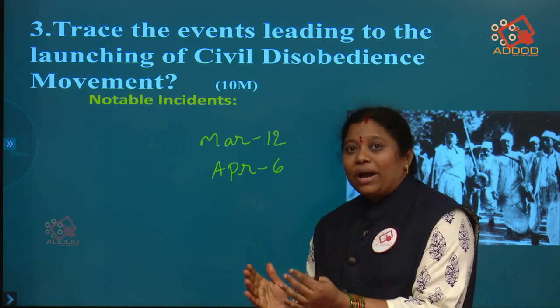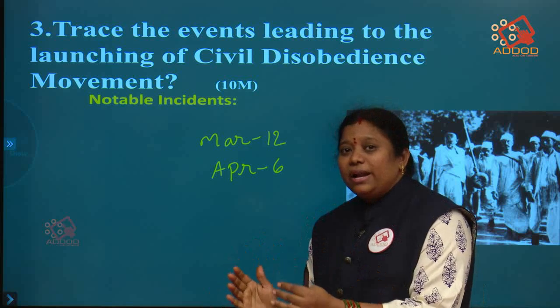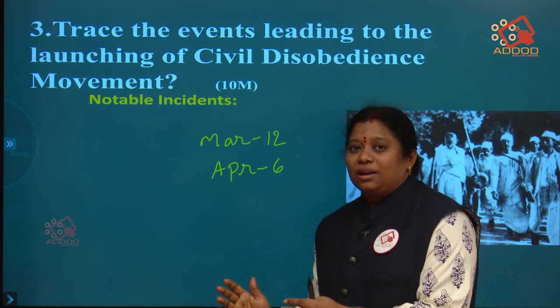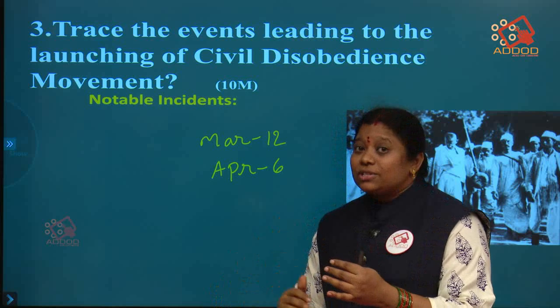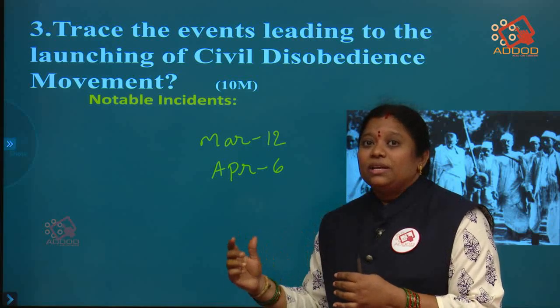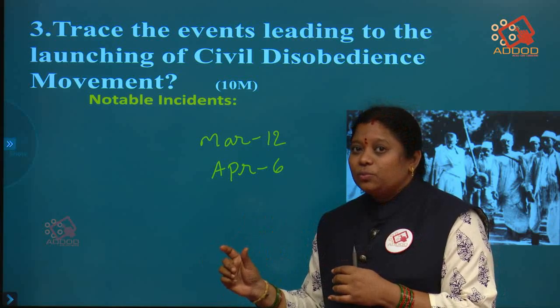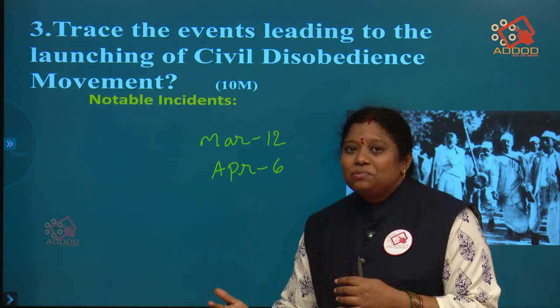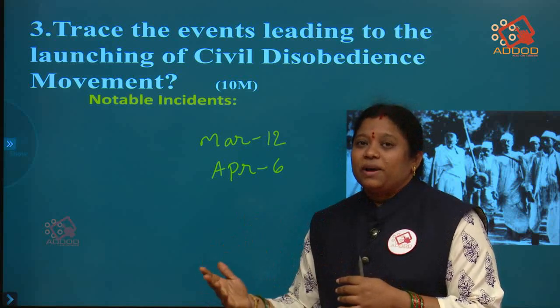With that he violated the salt laws, and he started the Salt Satyagraha or Dandi March, which is also known as the civil disobedience movement. Civil disobedience movement means people not accepting the British rules and regulations.